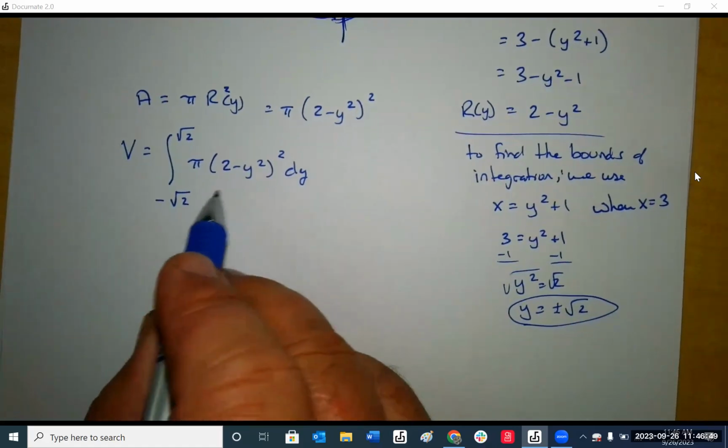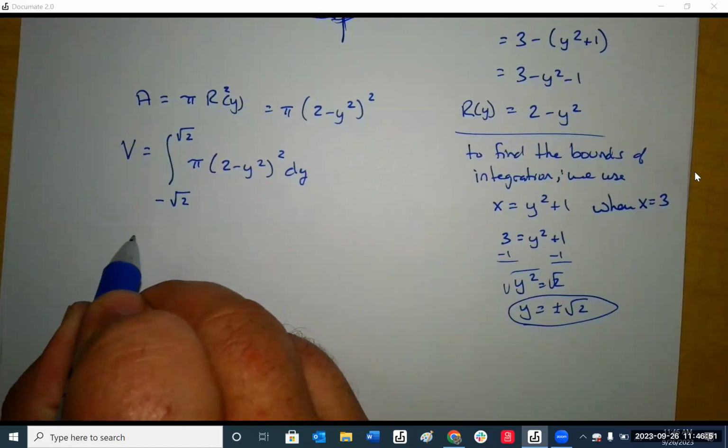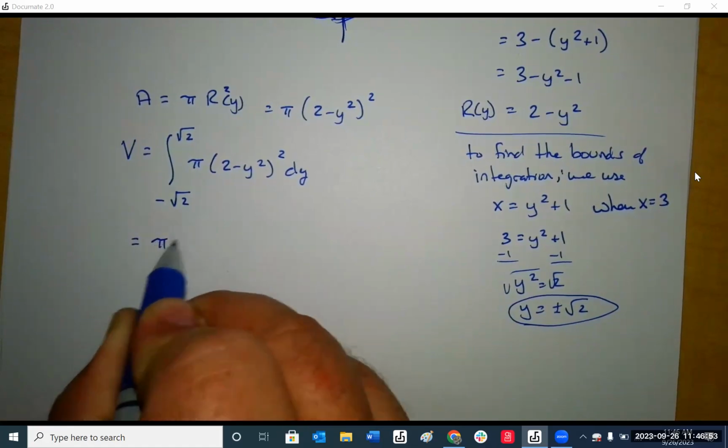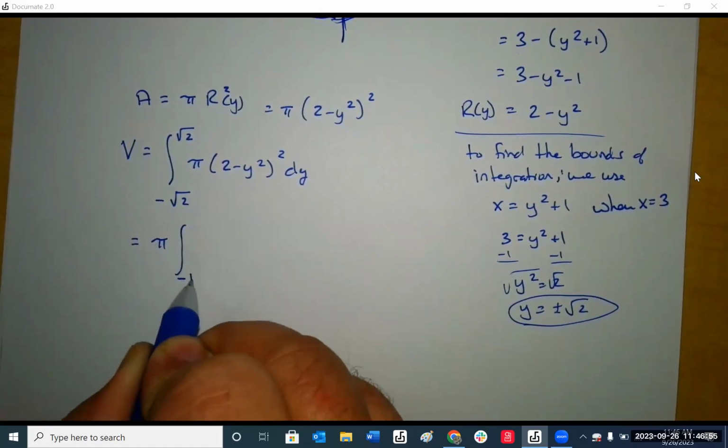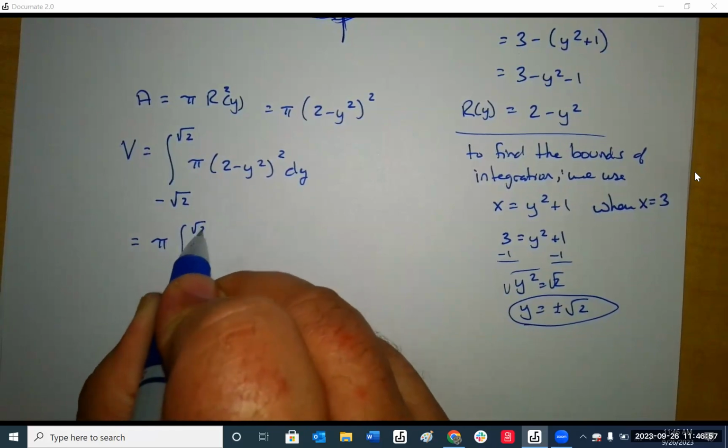Okay, so what do we do first here? Negative radical 2, radical 2.